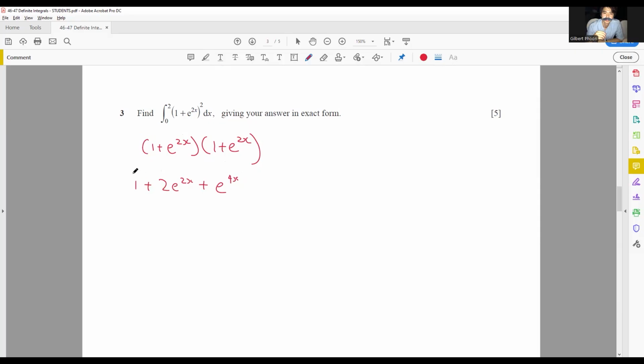Then from here, integrate between 2 and 0. Integrating 1, you will get x. Integrating 2e to the 2x, you would have gotten 2e to the 2x over 2, plus integrating this, e to the 4x over 4.